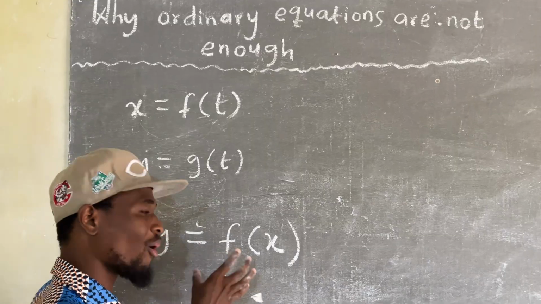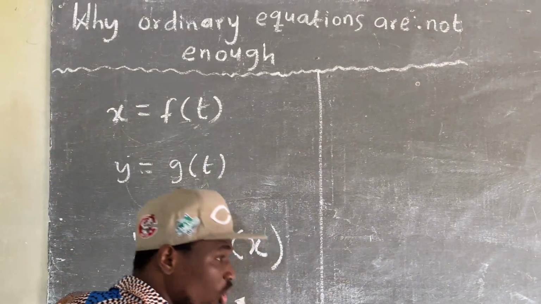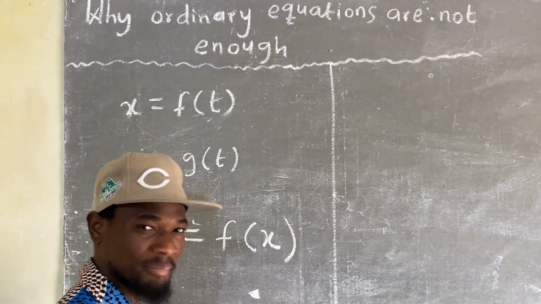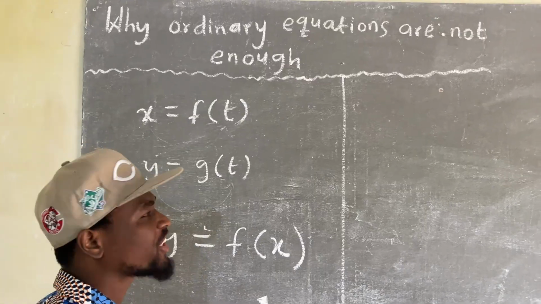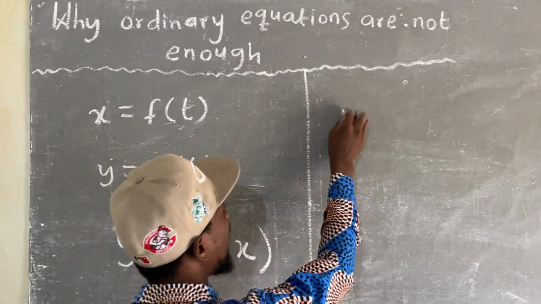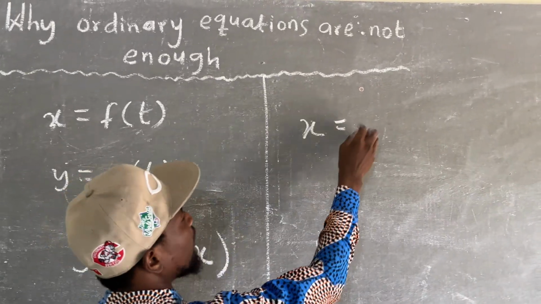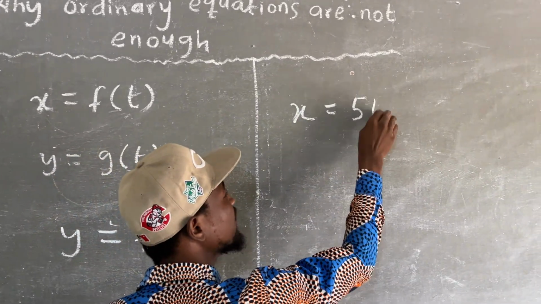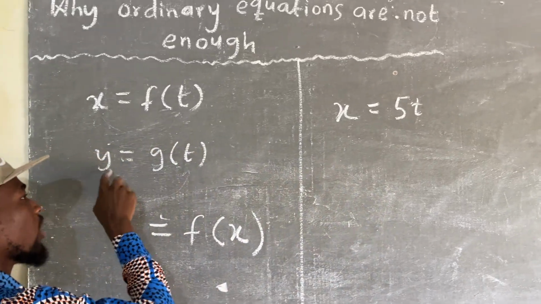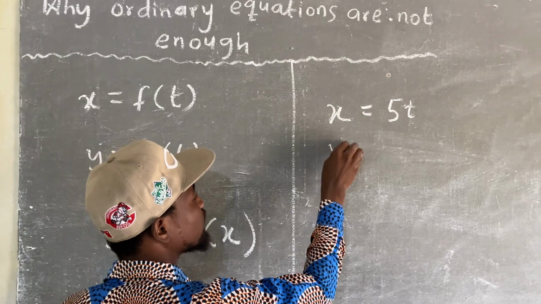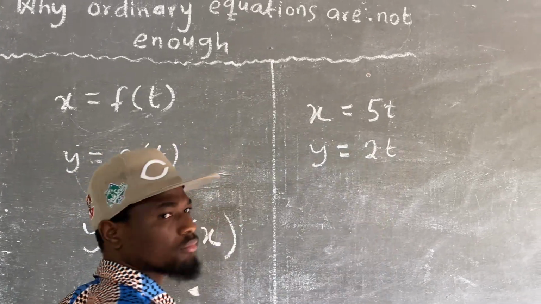So I'm going to throw more light on this, and that is the purpose of Tindanious mathematics tutorials. Let's say you have x equal to 5t, and y equal to 2t.